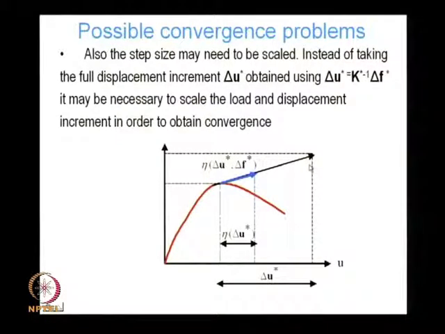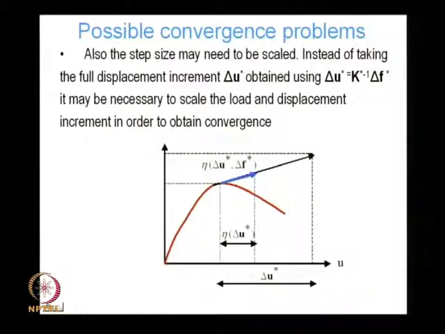So, what do I have to do? In that case I have to cut back on my displacement increment. How did I calculate my delta u star? I knew my tangent here and my force increment, I inverted that tangent matrix and multiplied it by that force increment, and that gave me delta u star.